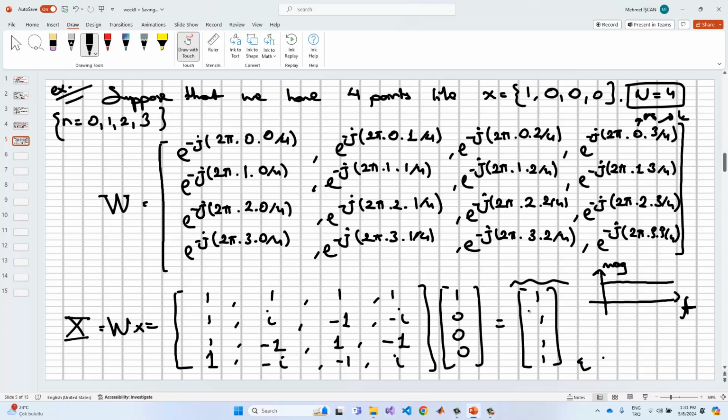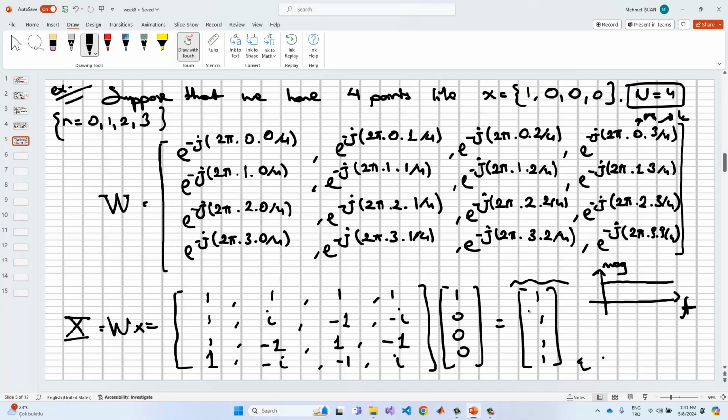Because the impulse response returns to us what? The impulse response. Why do we need to use the impulse response in system dynamics, control theory, or signal processing?